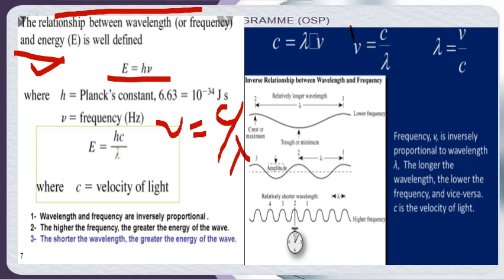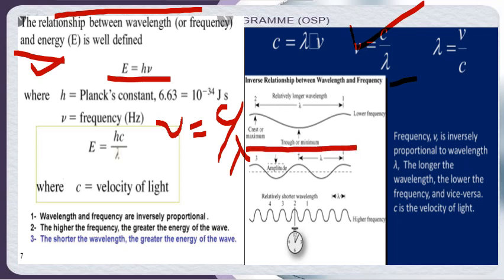In this second diagram, the relationship between frequency and lambda is mentioned. As I told you earlier, the first picture also gives the relationship of both energy and lambda as well as frequency and lambda. Here frequency is also inversely related to lambda. You can see different types of waves mentioned here. So what will you say?